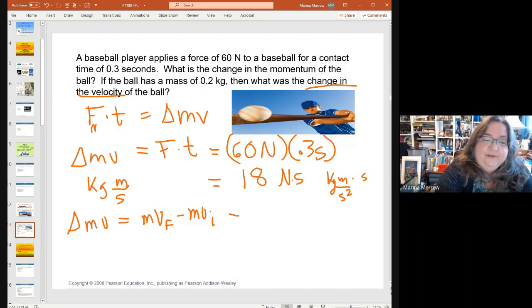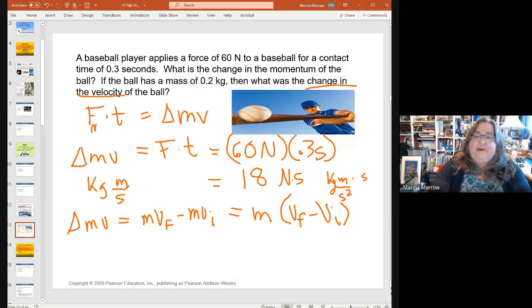Okay, so we can pull the mass out to get m times (v final minus v initial). Okay, so that's what we want to find. And that's going to equal the impulse, the 18, right, that we already figured out. That was the impulse. That was the change in the momentum.